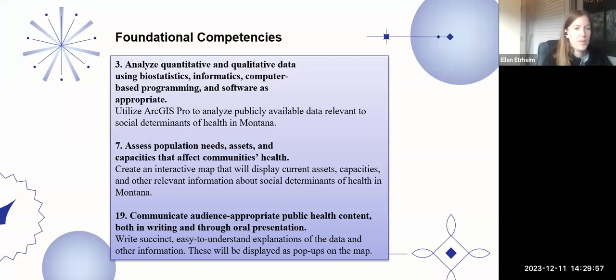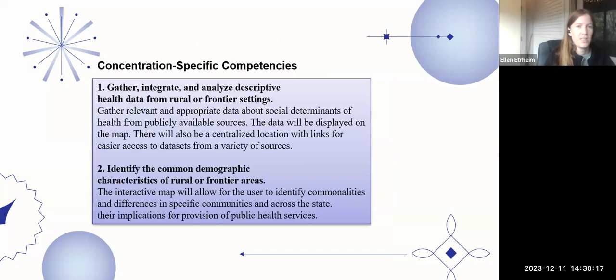Here are the foundational competencies that I hoped to gain during this project. I used ArcGIS Pro predominantly in this project to analyze, sort, gather, and create the map for the dashboard that you'll see, and also the concentration-specific competencies.